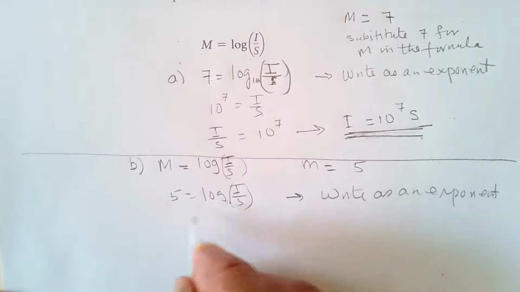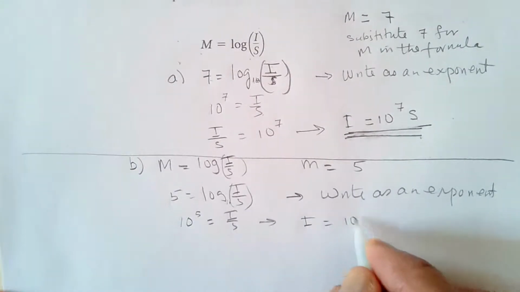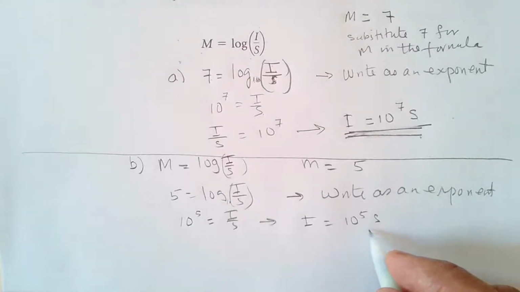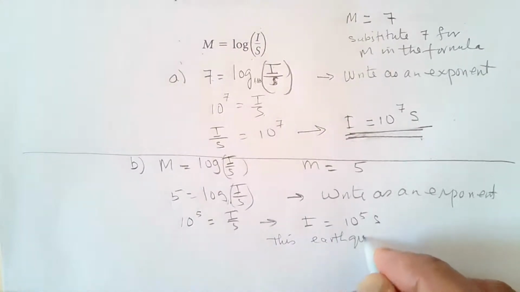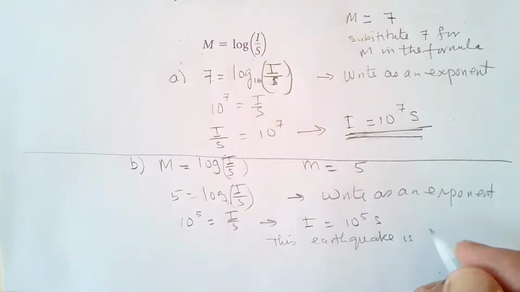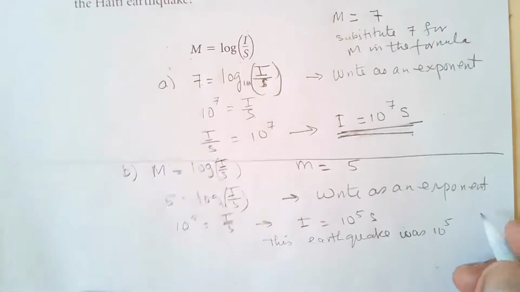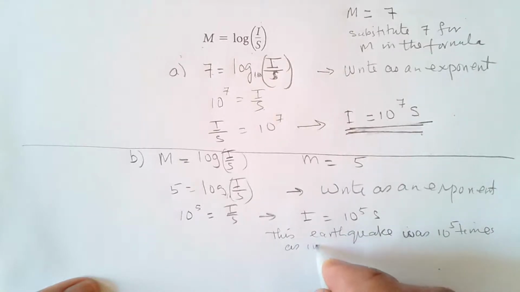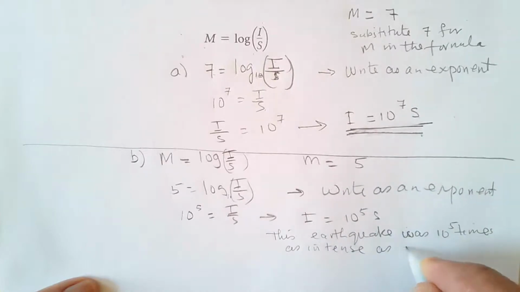So remember, this was base 10, so it'd be 10 to the power 5 is equal to I over S. So I is equal to 10 to the power of 5 S. So this earthquake was 10 to the power 5 times as intense as a standard earthquake.